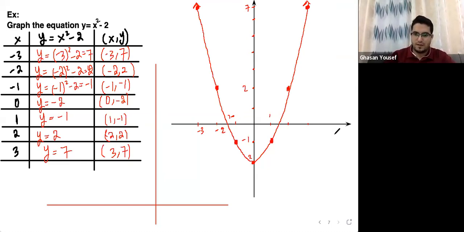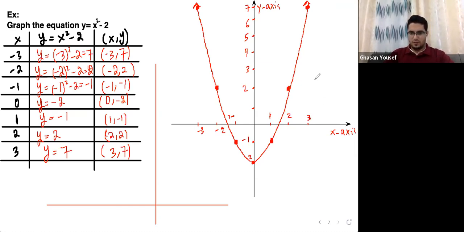This is my x-axis, and this is the y-axis. 3, 4, 5, 6. Here I have 1, 2, 3. Okay, it makes sense how we can graph.